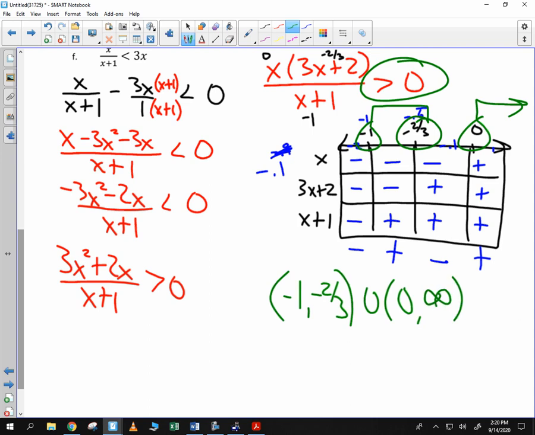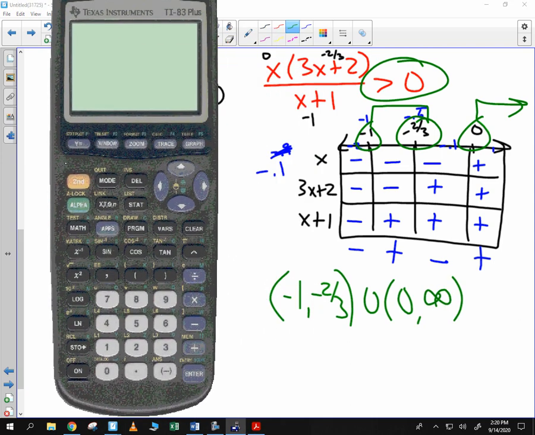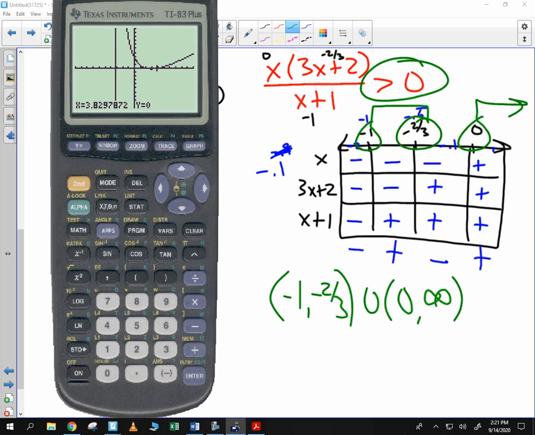Now, maybe this one actually gives us a better graph. Again, with these things we don't know what the graph looks like. The quadratics we did. But if I were to type this in, 3x plus 2 divided by parentheses x plus 1, and I were to look at that graph, sure enough, as I have my trace button on here, you can see the cursor following. Down there, it's negative, and the x value is -1.7.